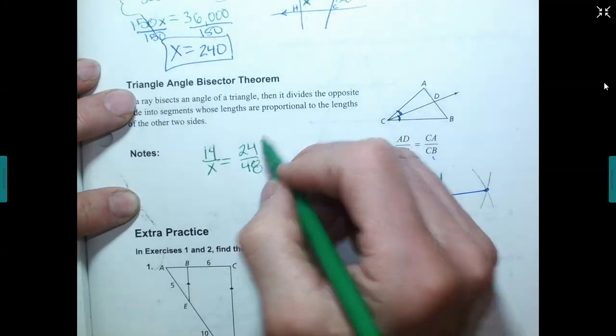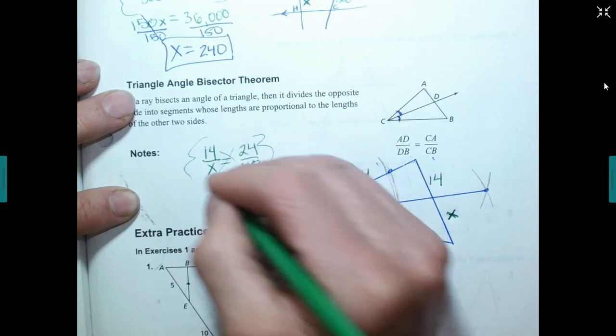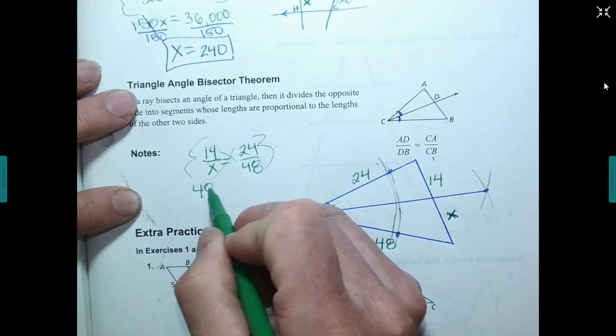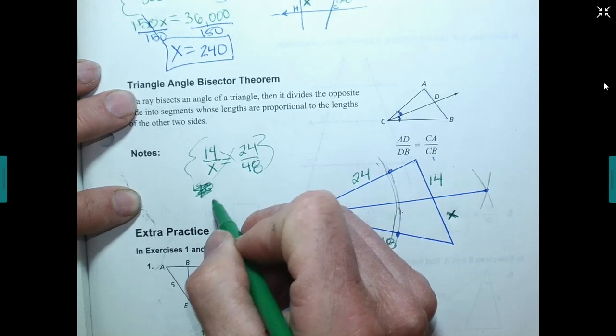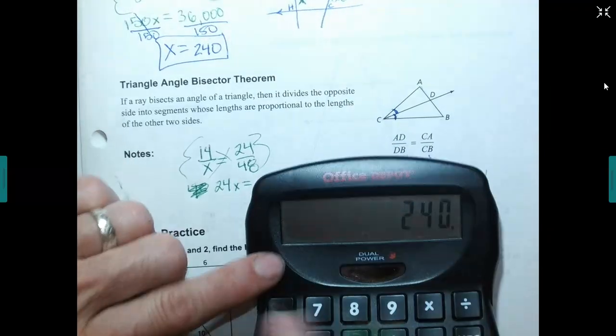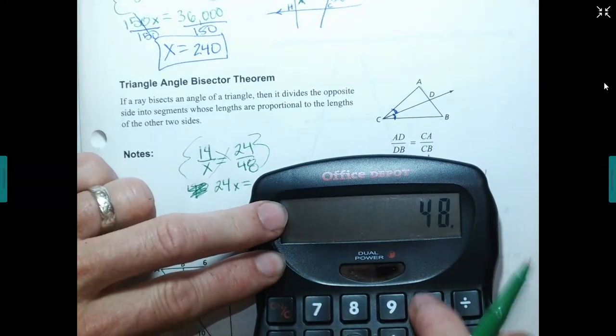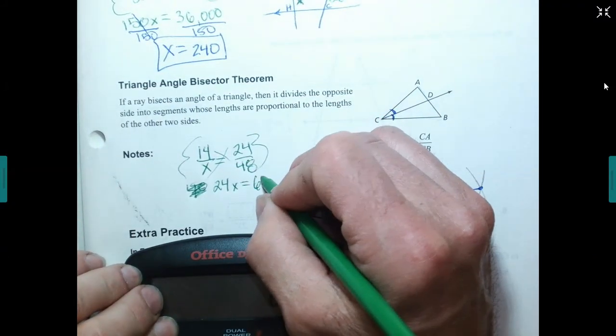All right, and we do our little butterfly, cross multiply, so we have 24x equals 48 times 14. 48 times 14 is 672.